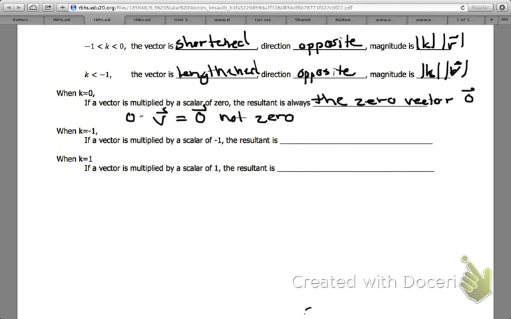And when k is equal to -1, so this happens if a vector is multiplied by a scalar of -1, the resultant is the same magnitude, however, it's opposite direction.